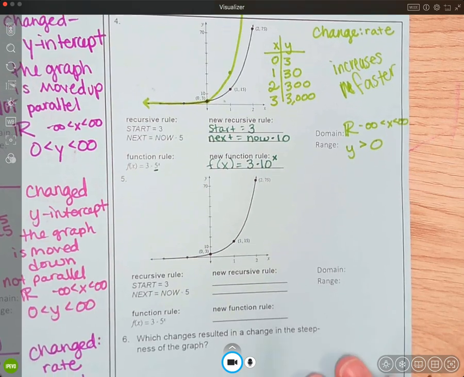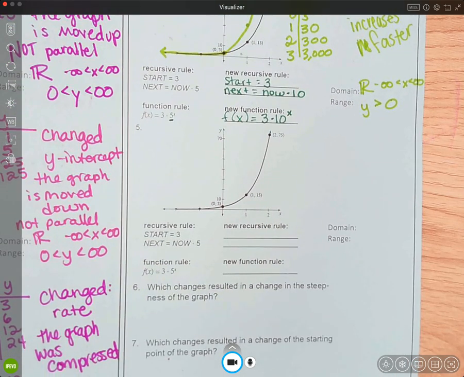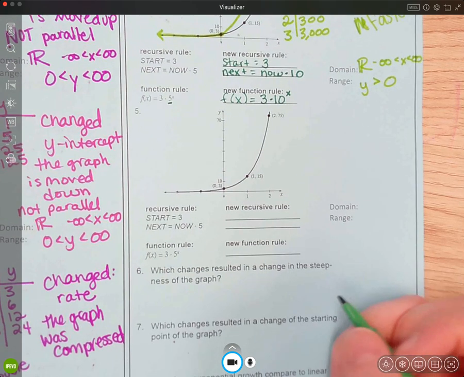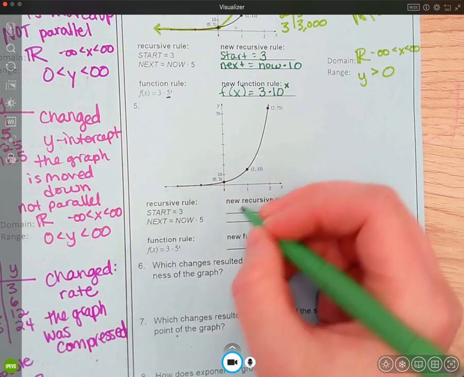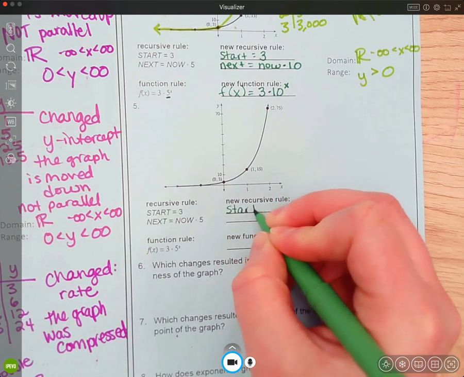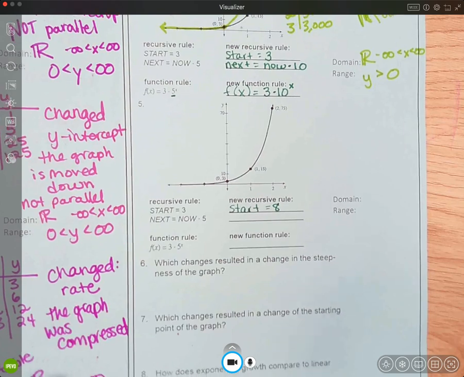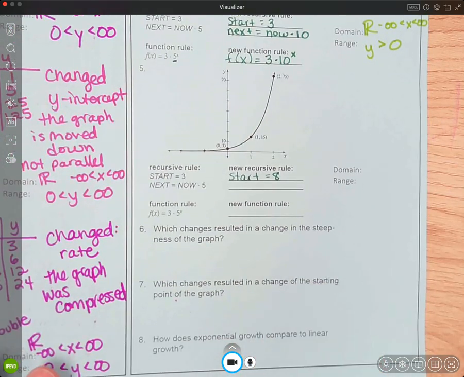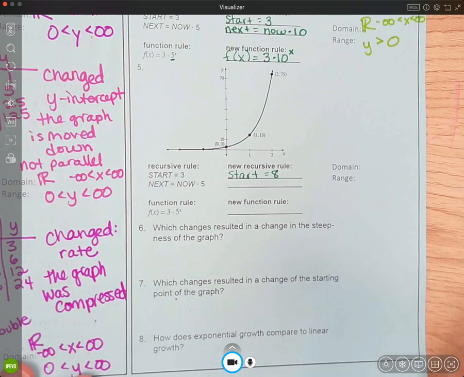Okay, let's go to the next one. We are going to start at a different amount. You with me? We're going to start this time at 8. And instead of doubling or multiplying by 5, we're actually going to decrease by a half.